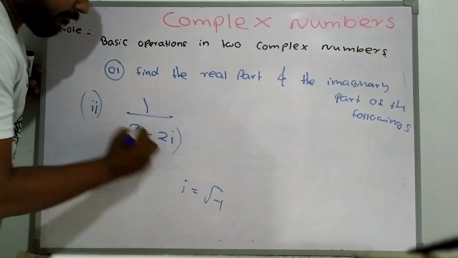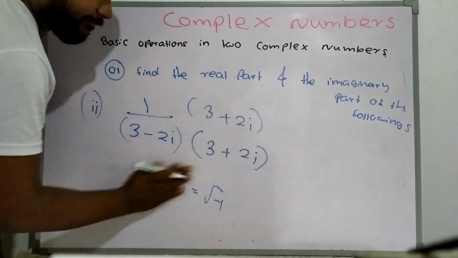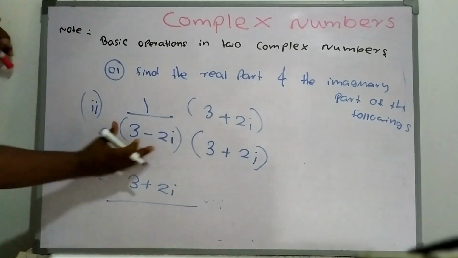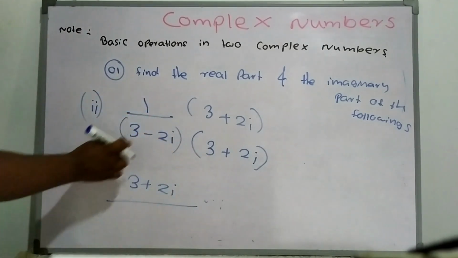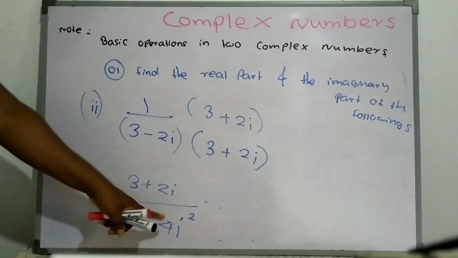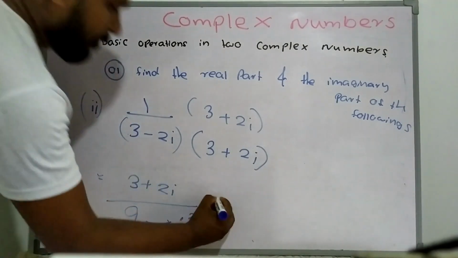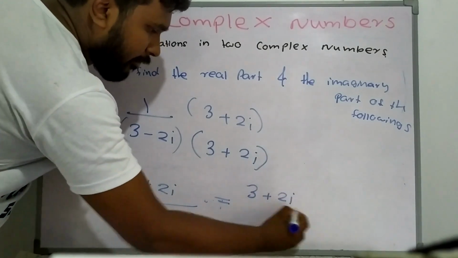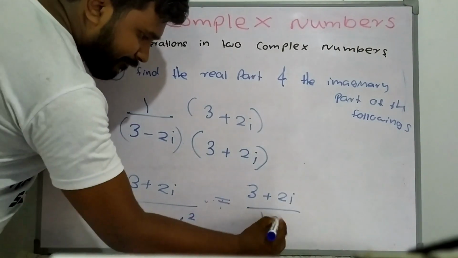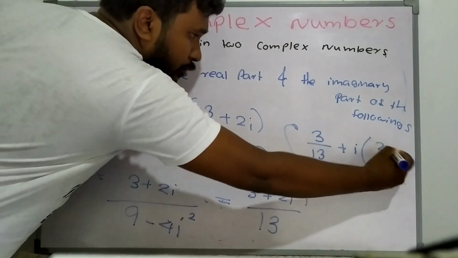So we have to multiply by its own conjugate, 3 plus 2i. Then it is 3 plus 2i over the difference of two squares: 9 minus 4i squared. I squared means minus 1, and minus 1 into minus 4 is plus 4, so it's 13. So it's 3 over 13 plus i into 2 over 13.